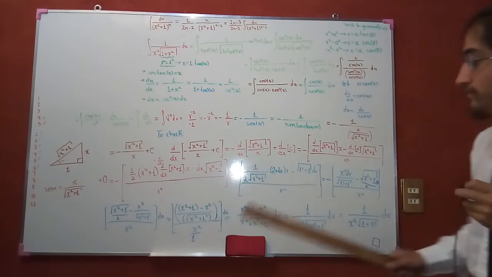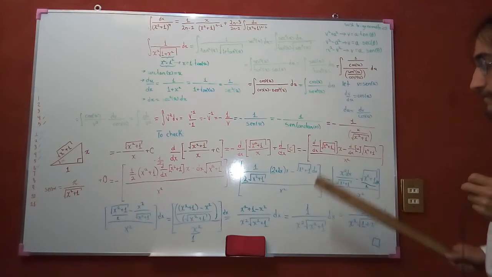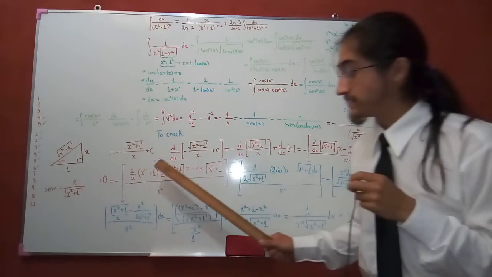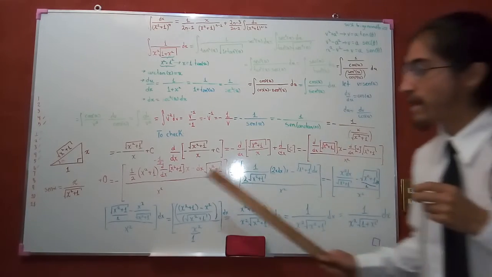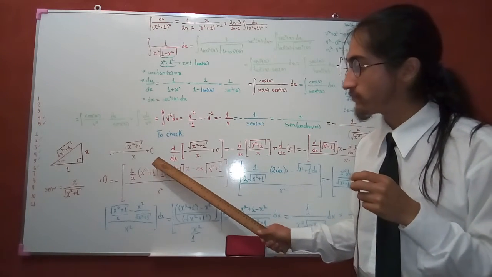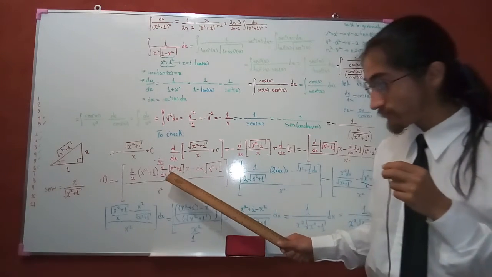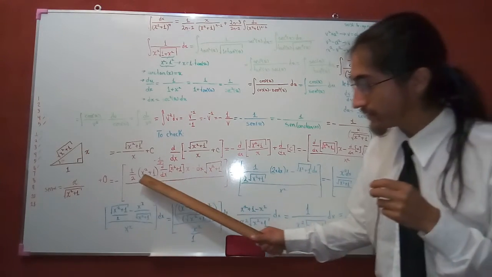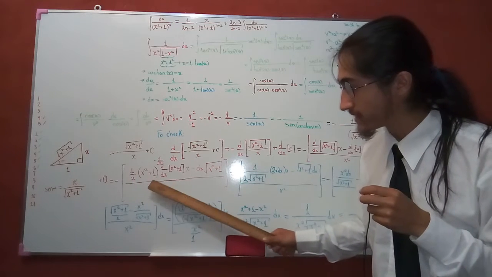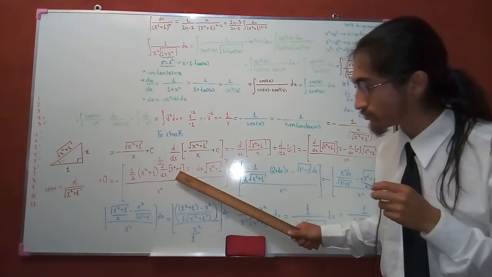And to derive this, the exponent is 1/2 minus 1, which is equal to negative 1/2. Multiplying the derivative with respect to x of the number inside the parentheses, x squared plus 1.